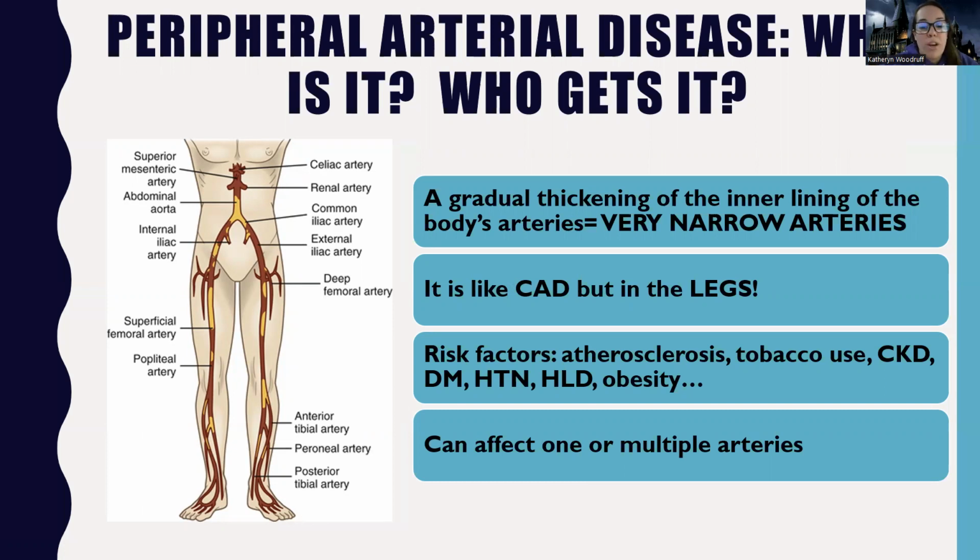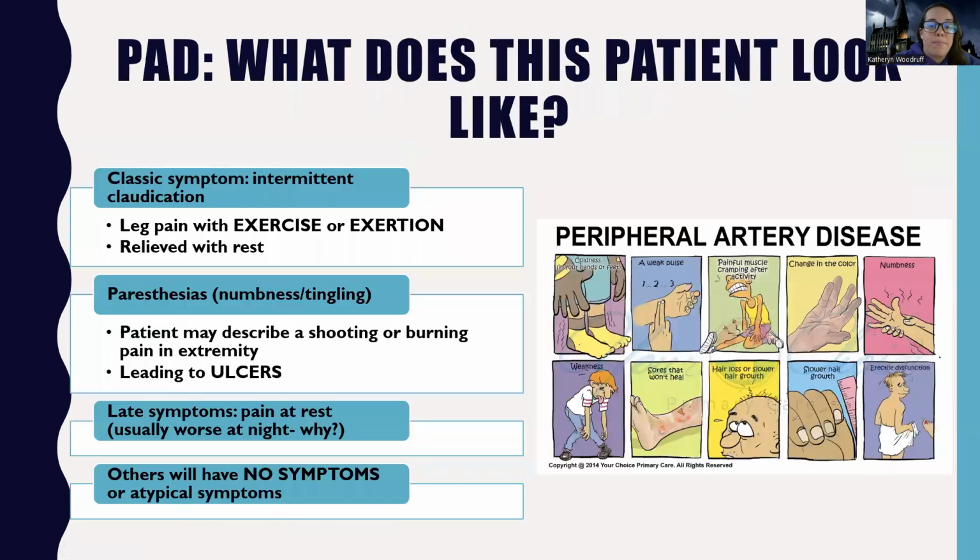It can affect just one artery or multiple of them. But the end point is that I have these blockages and blood cannot reach or flow to my extremities, which leads to ischemia, or lack of oxygen. So what does this patient complain about or look like? They're going to complain about that intermittent claudication I was mentioning. Intermittent claudication is intermittent pain that happens with exercise or exertion and then gets better with rest.